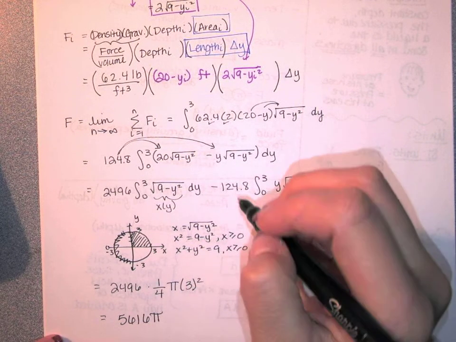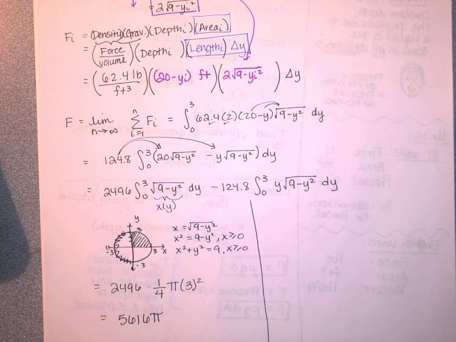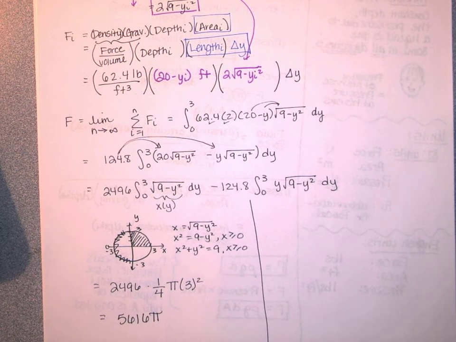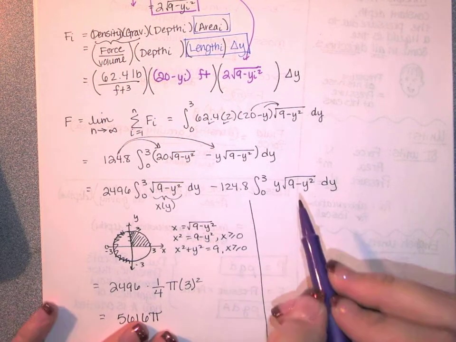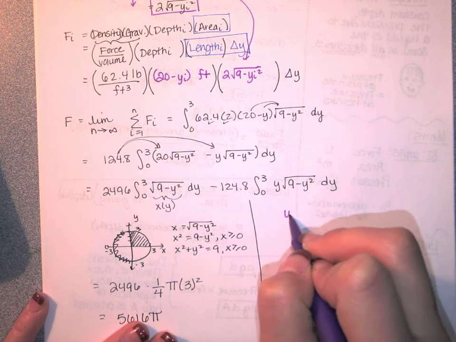Now this part requires a u sub. So I'm going to let u be my inside function. And my inside function is this 9 minus y squared.